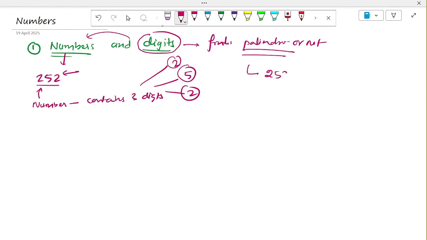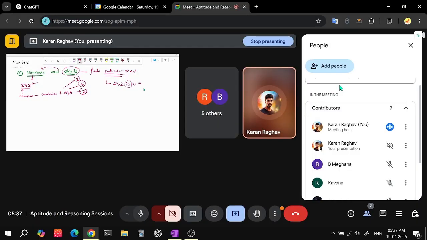Now 252, you just divide it or mod by 10. Mod means you'll find the remainder. What is the answer of this? You divide 252 by 10 and what will you get as the answer? The answer is 25.2, but I want the remainder.